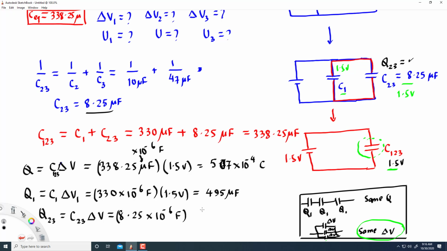Delta V is again 1.5 volts. When you do that calculation, you get 12.375 microcoulomb.